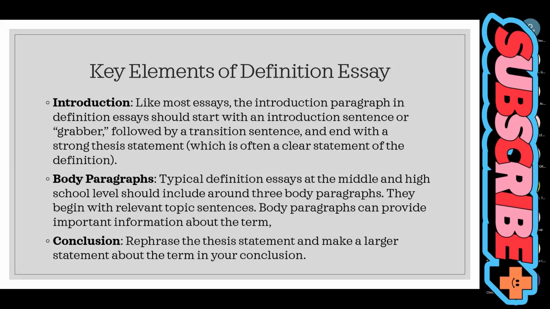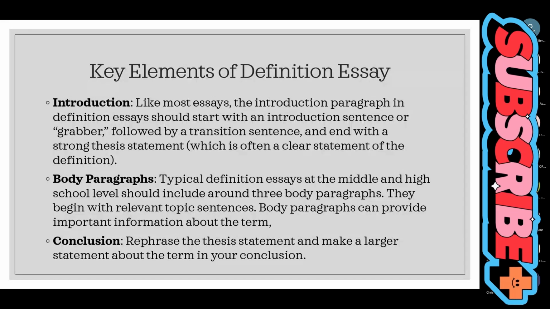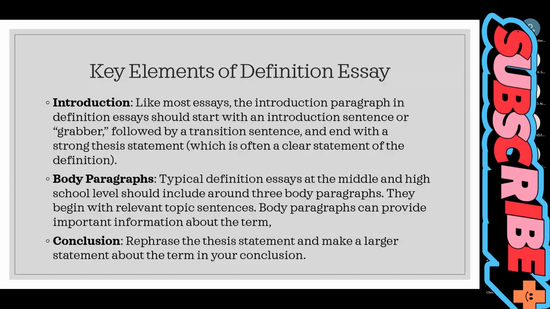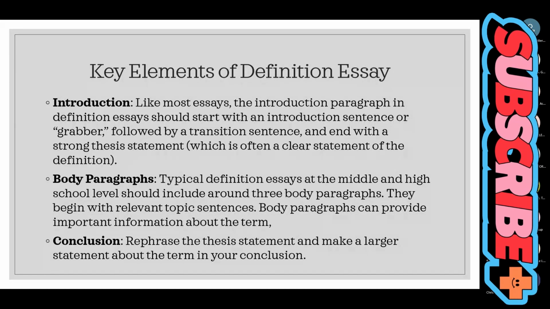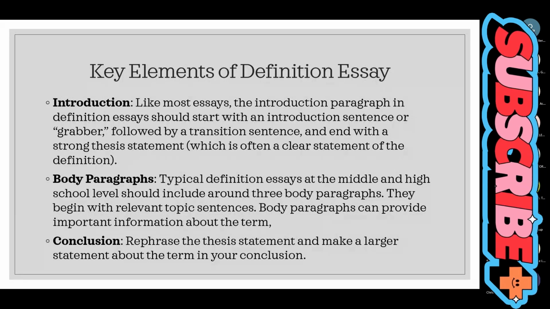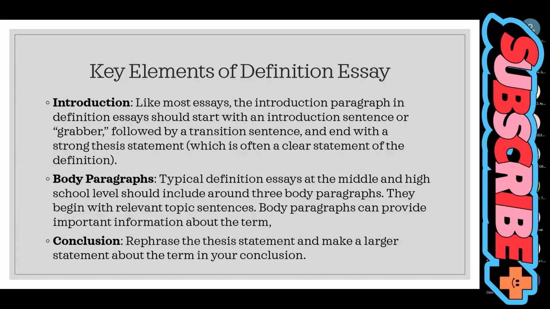In the body paragraphs, apart from the introduction paragraph, in the introduction paragraph you should write a grabber at the beginning, not necessarily a topic sentence. But in the succeeding paragraphs after the introduction, every paragraph must have a topic sentence.